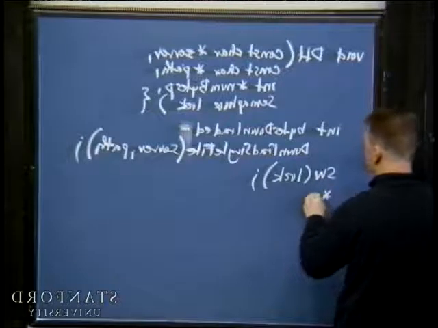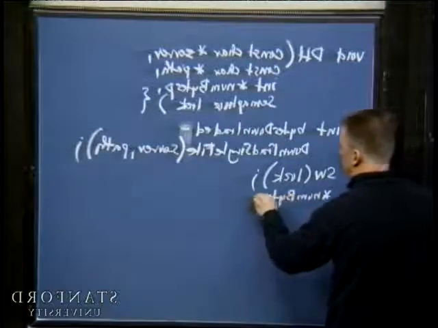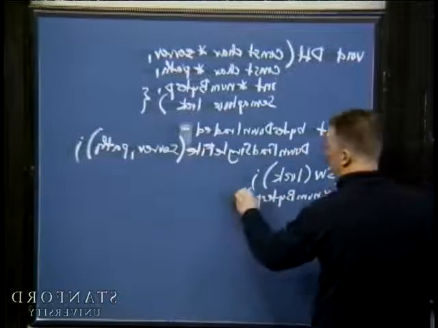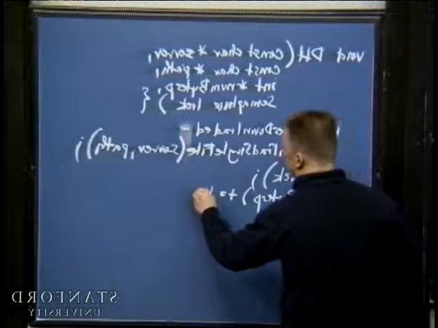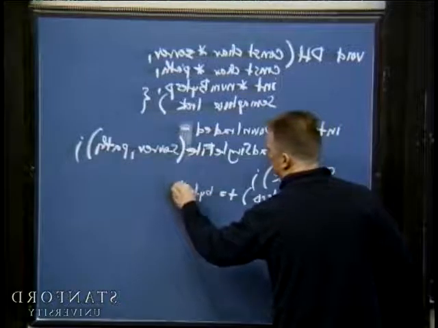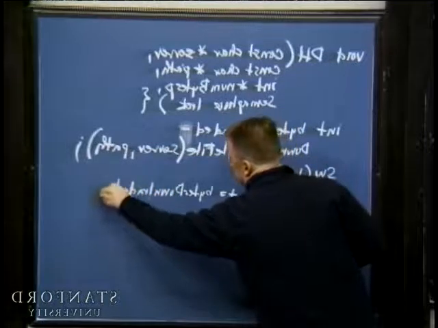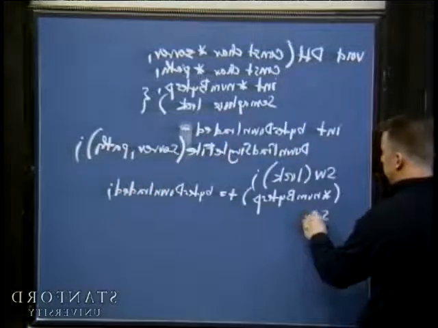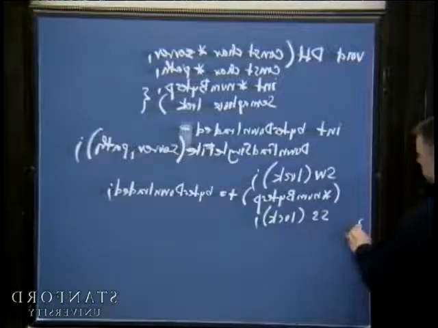So, num bytes p plus equals bytes downloaded. Then you go ahead and you release the lock, and then you return.